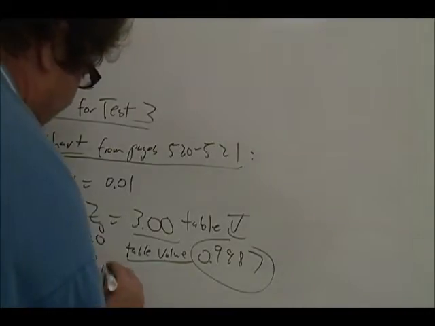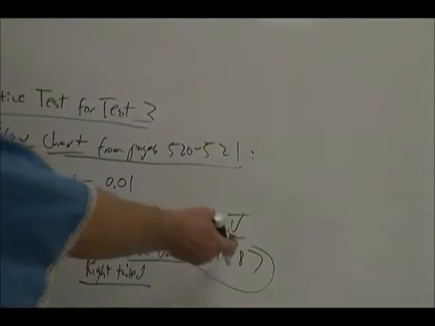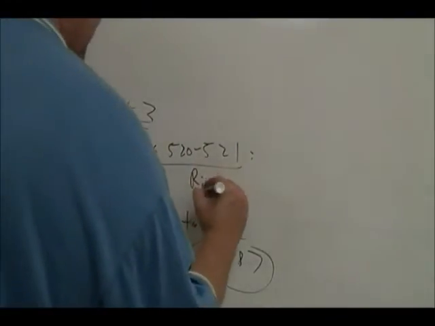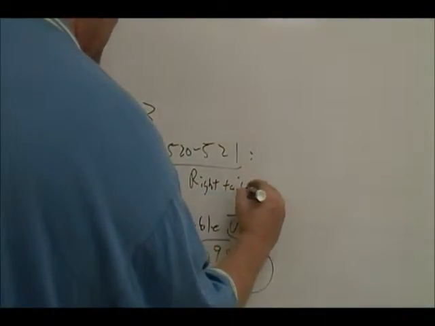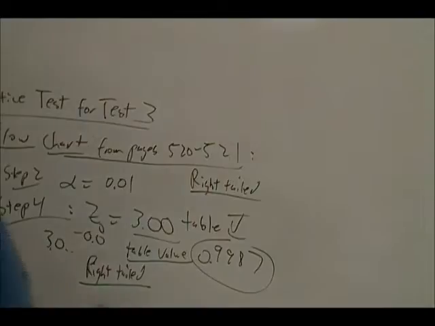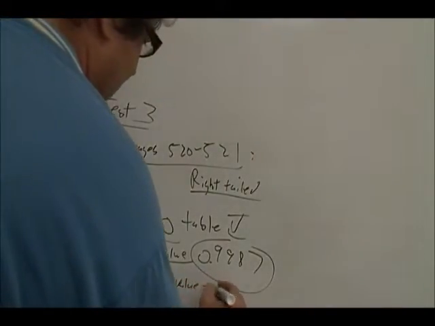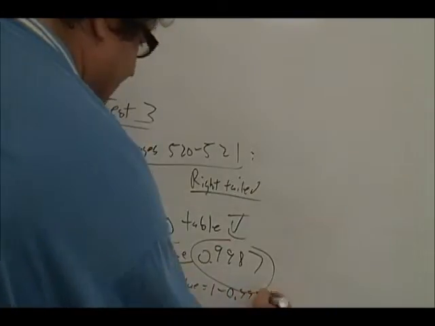Now, since we have a right-tailed test, when you have a right-tailed test, the p-value is 1 minus the table value. When it's a left-tailed test, the p-value is the table value. Remember, we have a right-tailed test in this case. So since we're right-tailed, the p-value is 1 minus 0.9987.